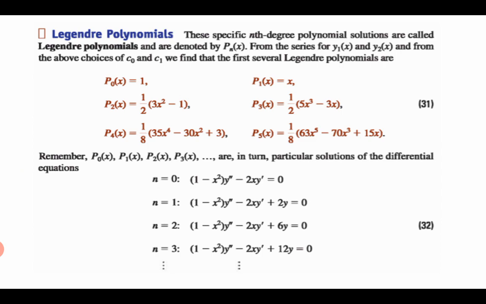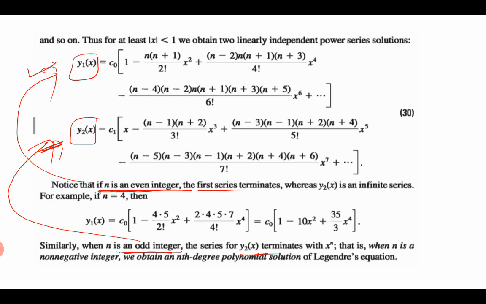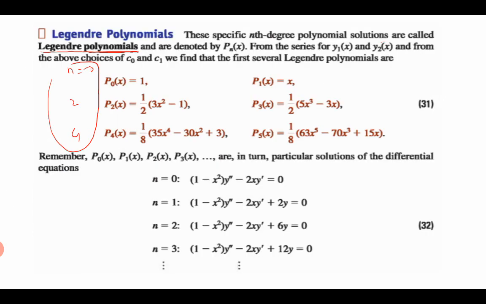P is the specific nth degree polynomial solution of Legendre's equation. The solution of Legendre's differential equation will be given here. What is it? For n equal to 0, 2, 4, even values of n, you will find the solution from y1. So when you put n equal to 0, 2, 4 in equation number 1, you will find these solutions.